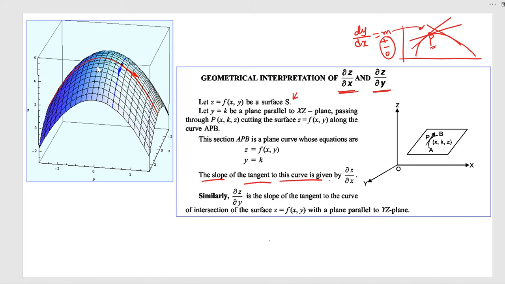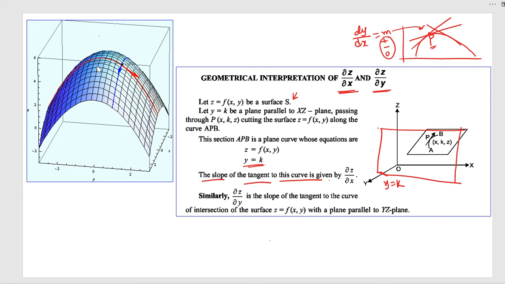Actually, what is the curve? If you put y equals k, that is a line actually, but in three dimensions this is a plane.